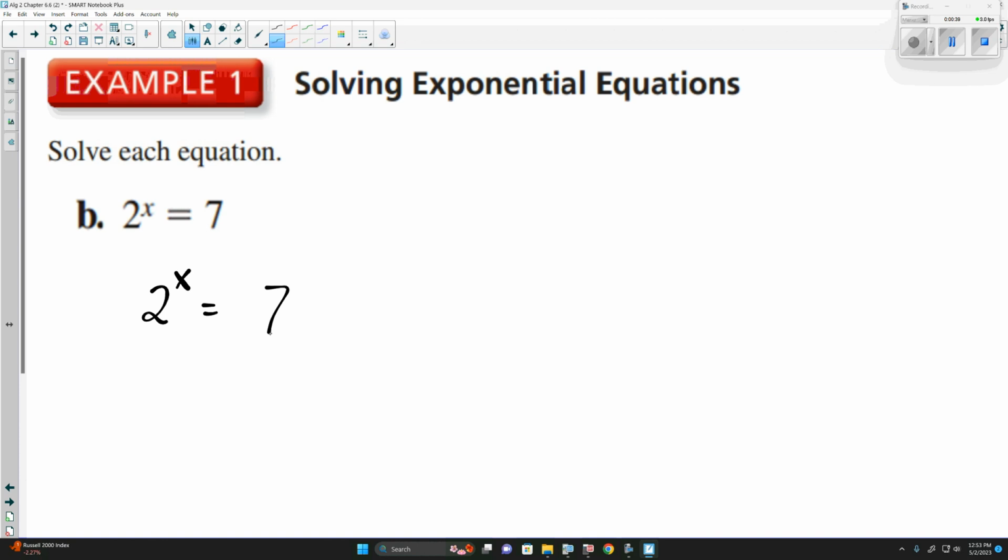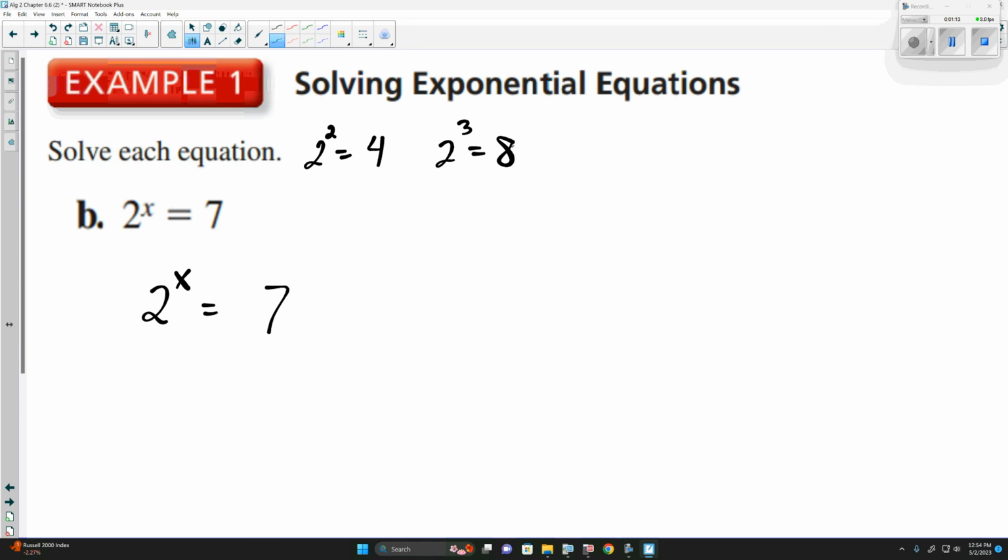Now, how we solved problems like this yesterday, these exponential equations, was we got the bases to be the same. If we can get the bases to be the same, then the exponents are the same. So the first main question is, is there any way that I can rewrite 7 as 2 to a power? 2 squared is 4, 2 cubed is 8.